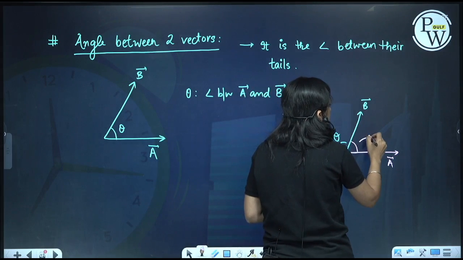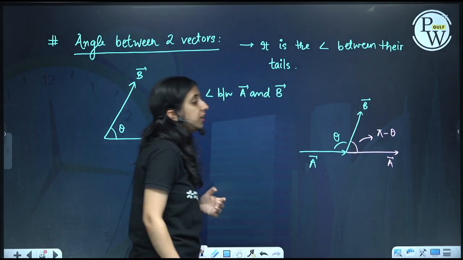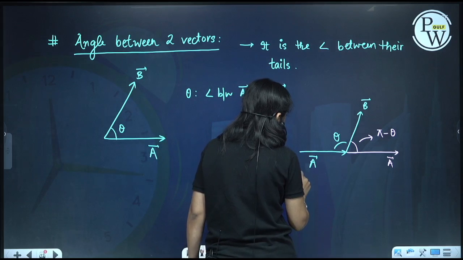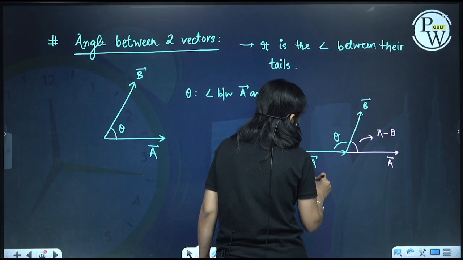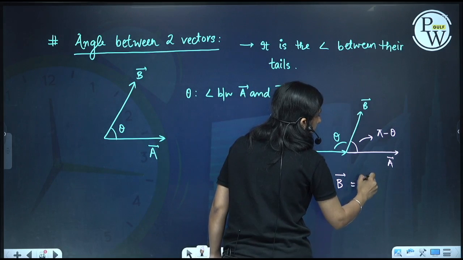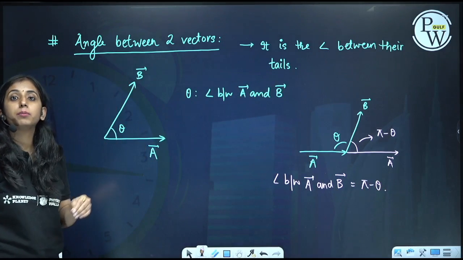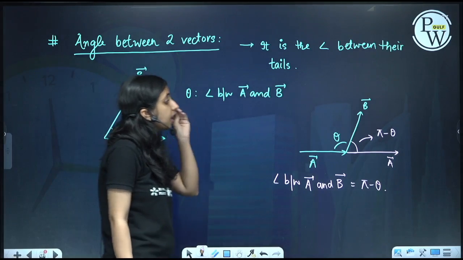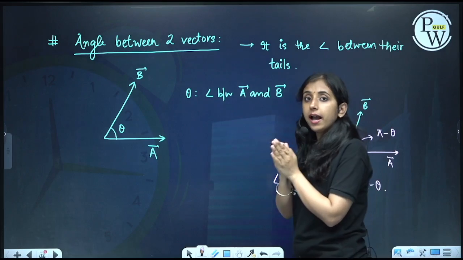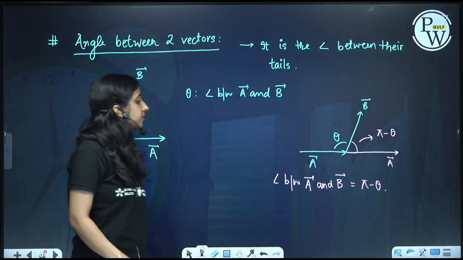This angle is the angle between A and B. So in this case, the angle between A vector and B vector will be pi minus theta, not theta. The angle between two vectors is always the angle between their tails or the angle between their heads.